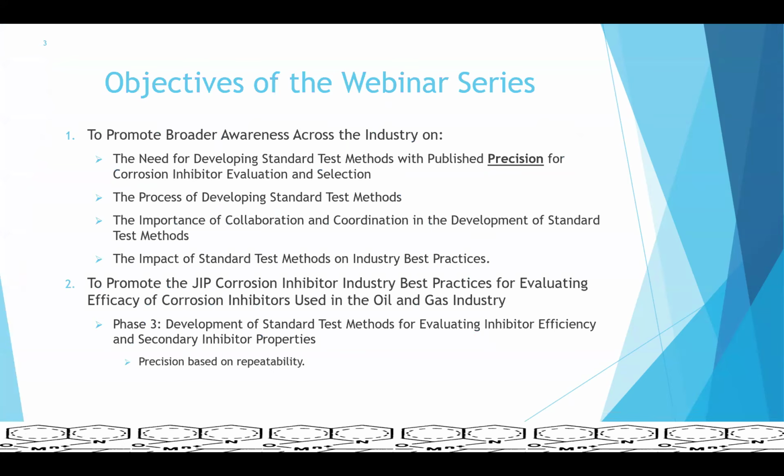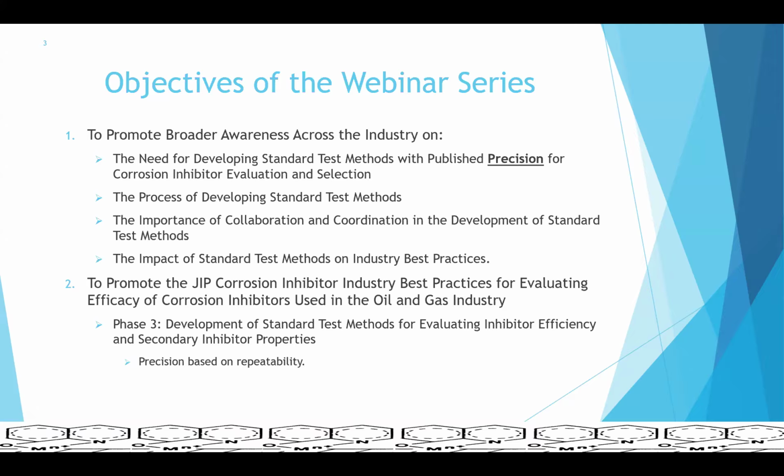The objectives of the webinar series are twofold. As the title indicated, the primary objective is to promote a broader awareness across the industry on the need for developing standard test methods with known and published precision for the corrosion inhibitor evaluation and selection.